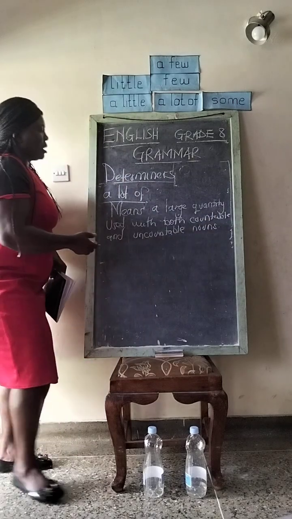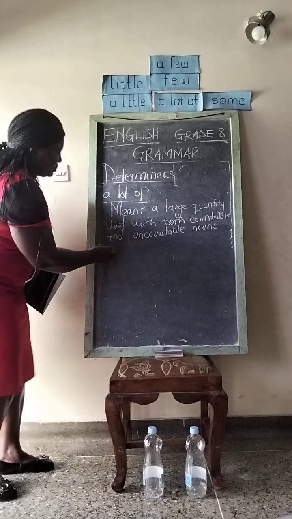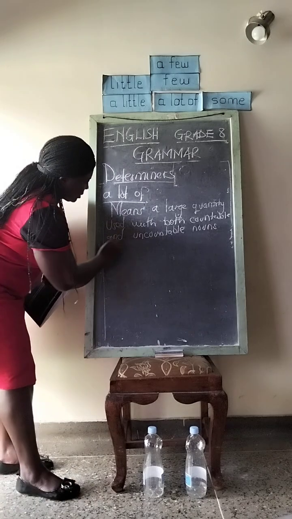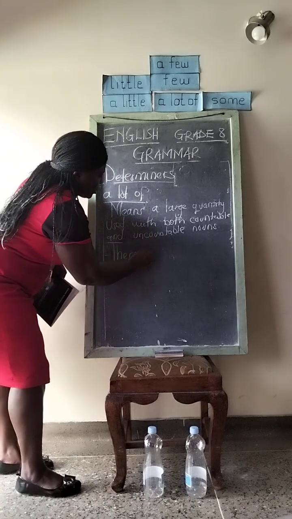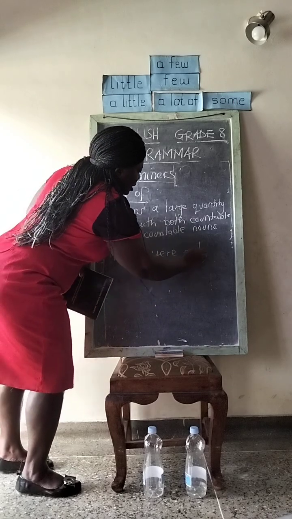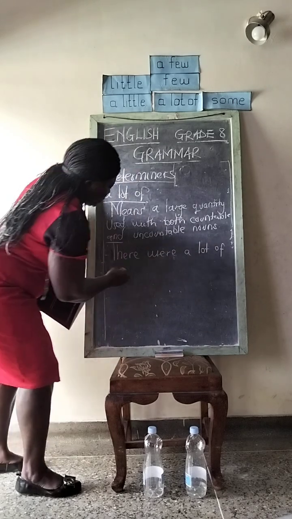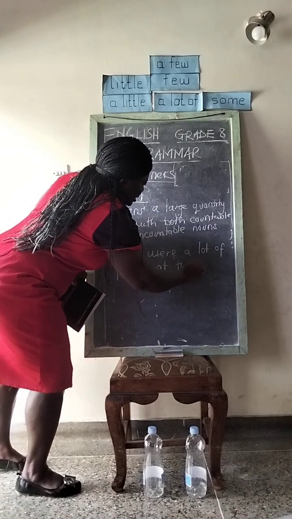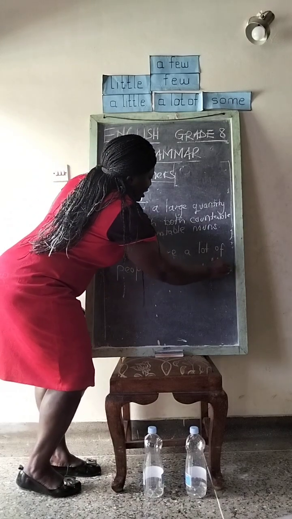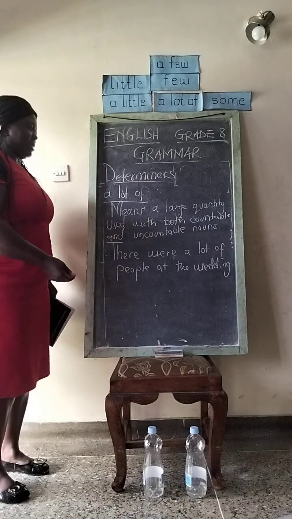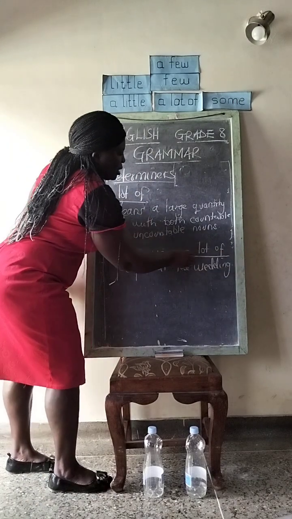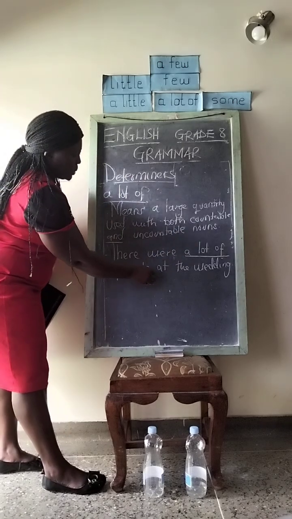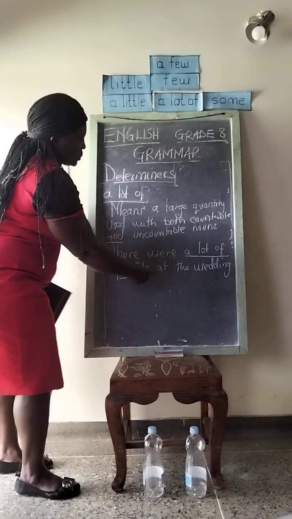For example, in a sentence, you can say there were a lot of people at the wedding. So here we have used a lot of, and we have used it with the noun people. You can count a lot of people. So this we have used with a countable noun.